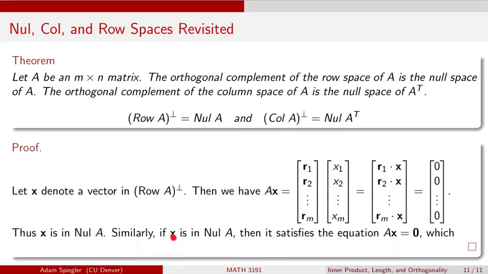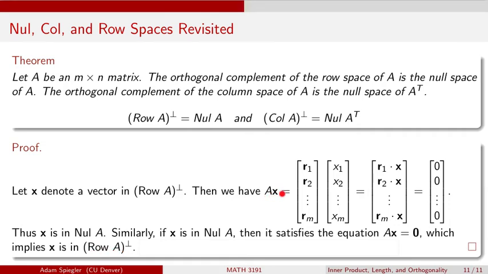So now we start with the vector x in the null space of matrix A. And by definition, if it's in the null space of matrix A, then I know that A times x gives us the zero vector.